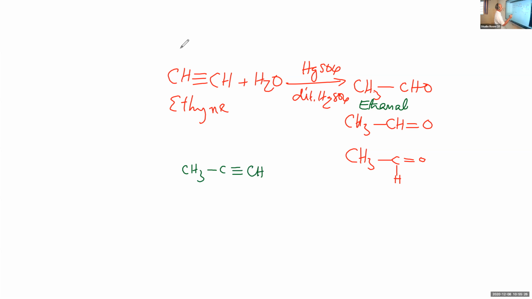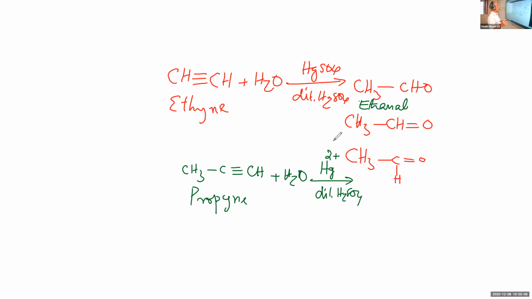That's our propyne. Now, propyne reacts with water in presence of mercuric sulfate, Hg2+, and dilute sulfuric acid, H2SO4.